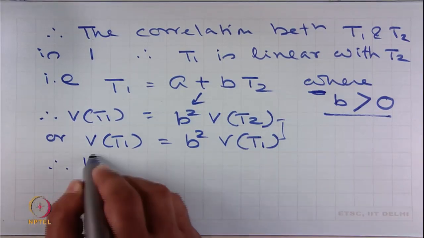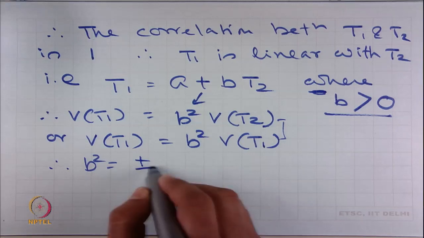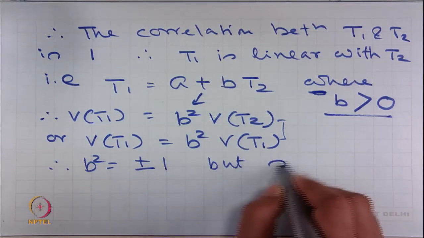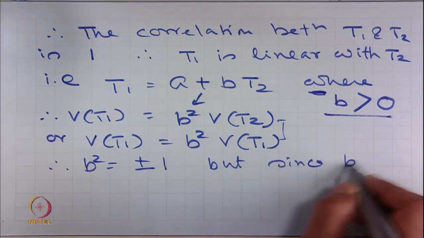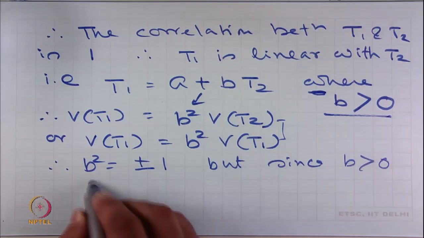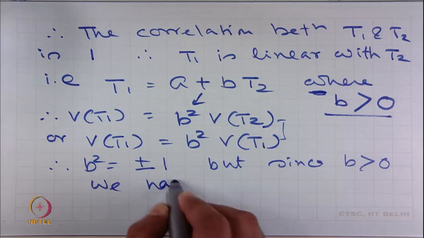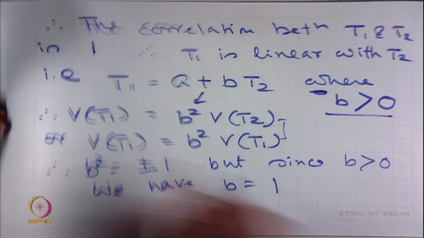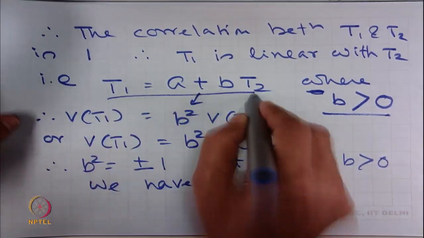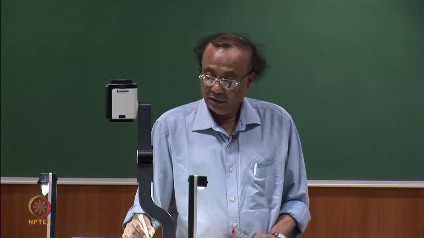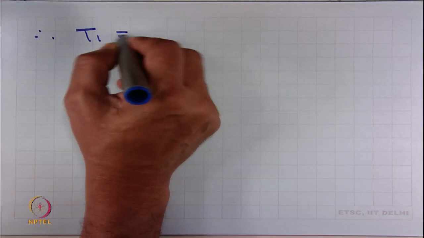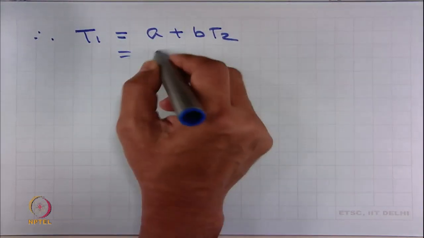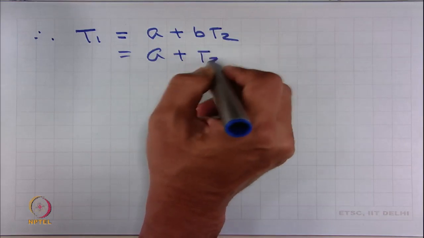Therefore, B squared is equal to plus minus 1, but since B is greater than 0, we have B is equal to 1. Therefore, T1, which is equal to A plus B T2, is actually A plus T2.